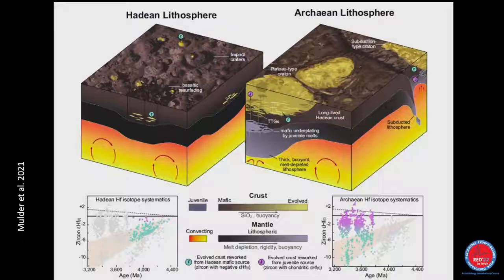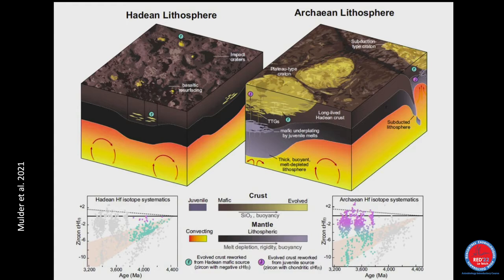So let's have a look at the block diagrams provided by Mulder et al. This is the Hadean lithosphere, and below is the Hadean hafnium isotope systematics, and the Archean lithosphere with Archean hafnium isotope systematics. These bars show crust evolution and mantle evolution.